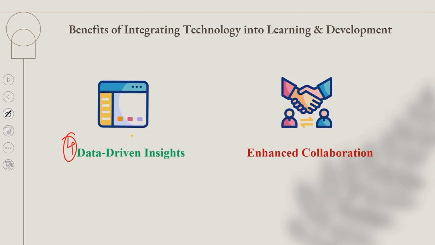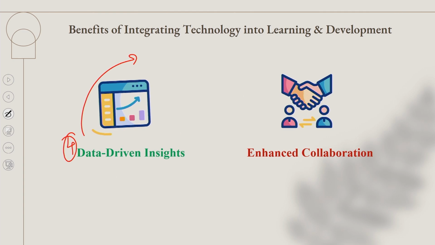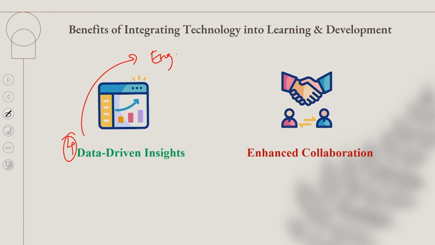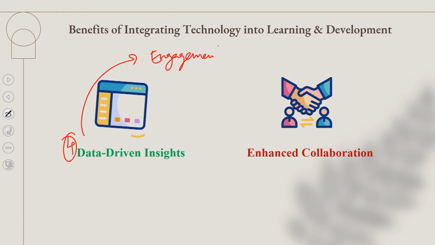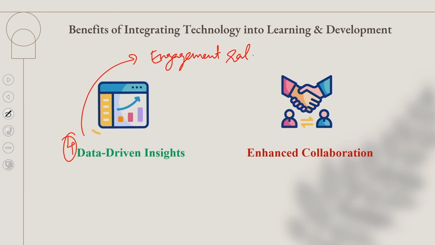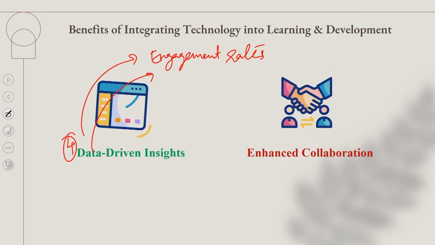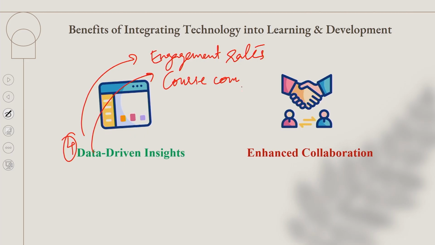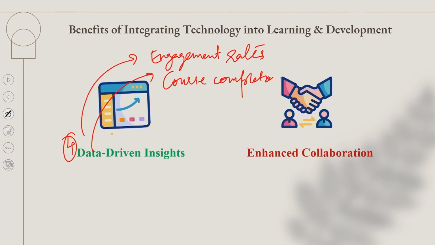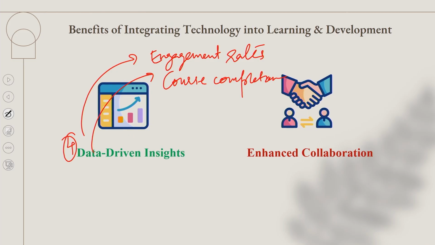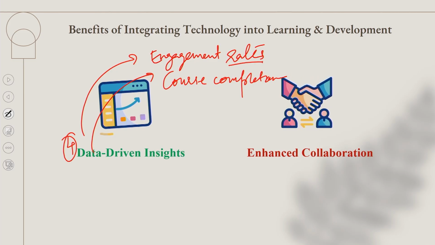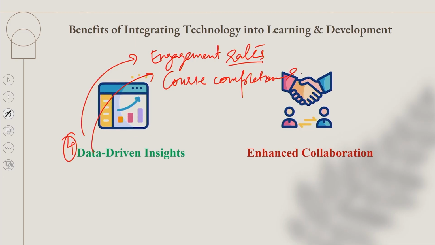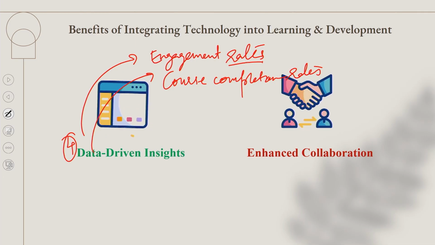You might have seen metrics like engagement rates, course completion or dropout rates. When you're talking about engagement rates, typically you are looking into the logins, the video views, etc. Course completion and dropout rates are also critical key metrics.